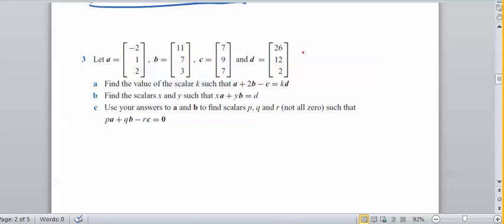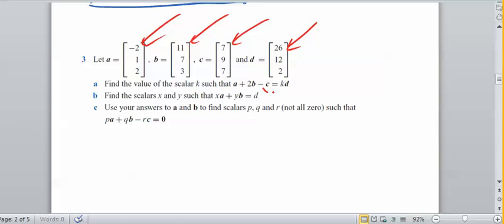We've got three vectors. Negative 2i plus j plus 2k. So we're looking in 3 dimensions now. Find the value of the scalar k such that a plus 2b minus c is equal to k times d.